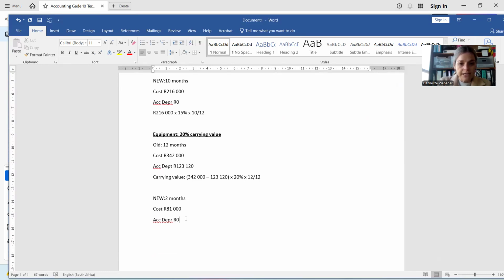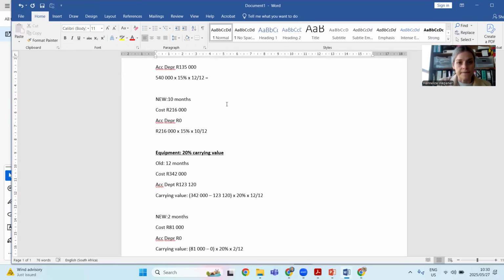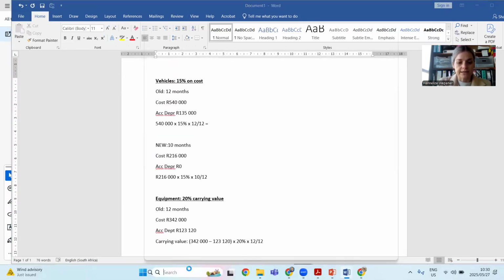Then on the new one, I had no accumulated depreciation on day one. Therefore, my cost is equal to carrying value, or then carrying value is equal to cost times 20. And I only had these assets for 2 out of the 12 months in my current financial year. So let's go. Calculator time.